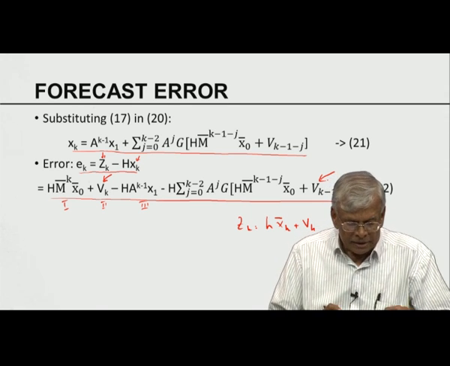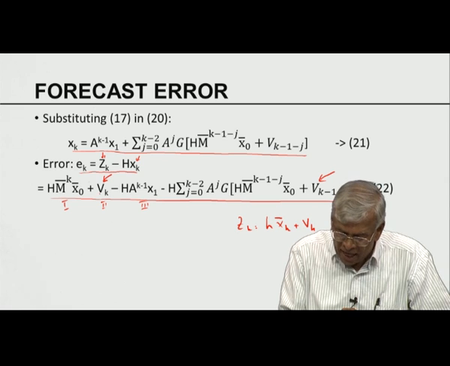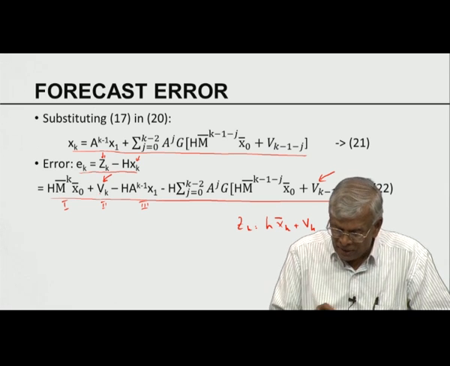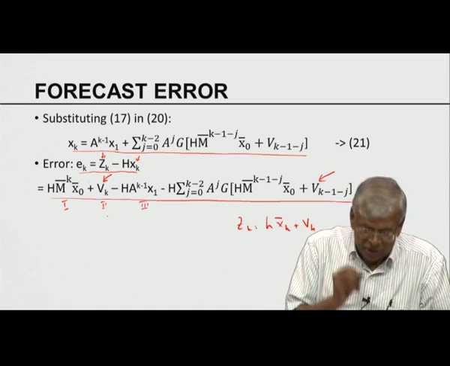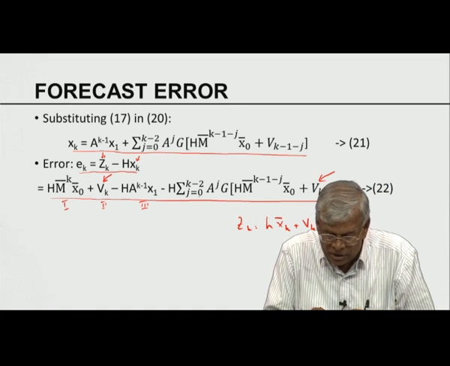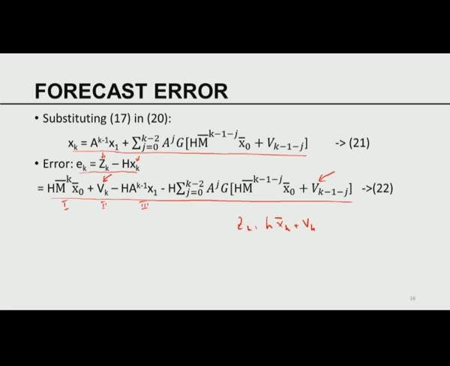You can also see the error at time k depends on Vk, as well as the noise at time 0 to time k minus 2. So that means there is a serial dependency among all these noise expressions. So when j is 0, you can really see, I am depending on Vk minus 1. Let me write that down.